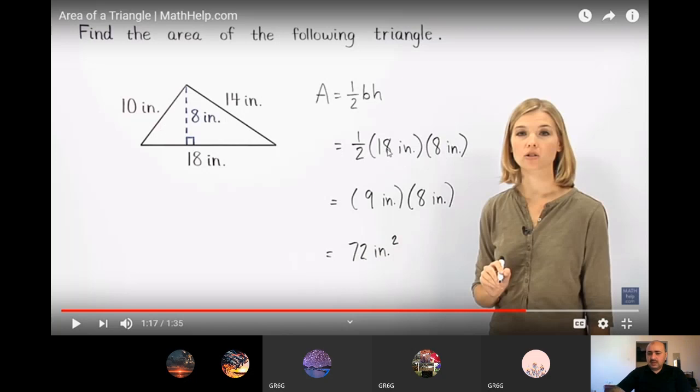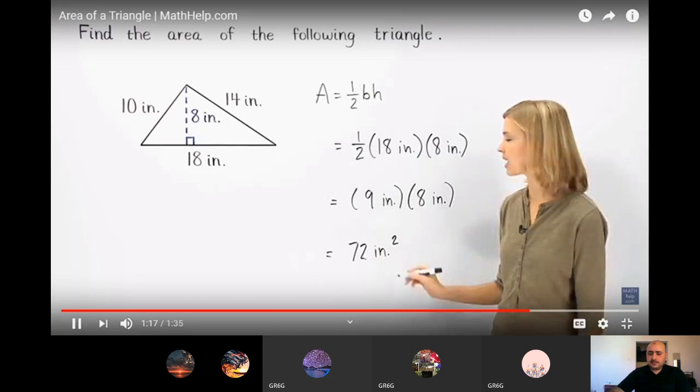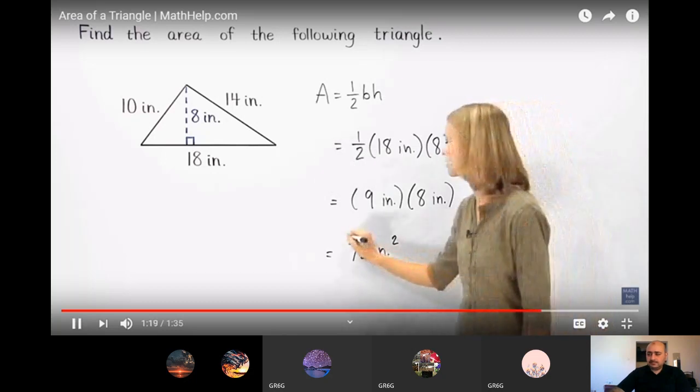I can start from here: 18 multiplied by 1 equals 18. 18 divided by 2 will be 9. So 9 times 8 will be 72. And inch multiplied by inch is inch squared. So the answer is 72 square inches.